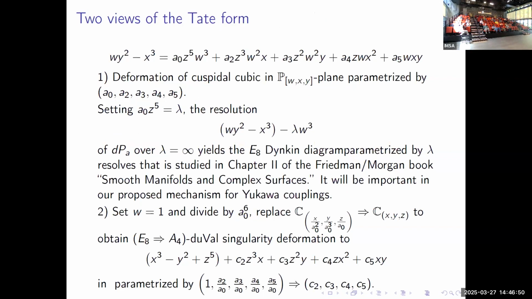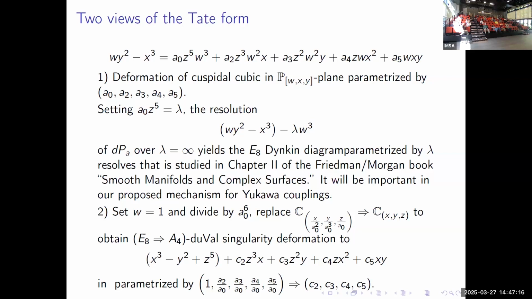I want to go back. I didn't comment on number 2 here, that if you, in the Tate form, set W equal to 1, so you take away infinity, divide by 8 and 6, and change coordinates. If you rescale, the Tate form becomes this.